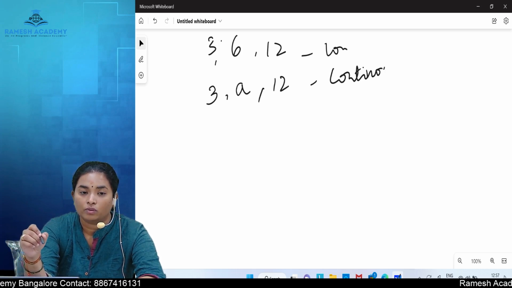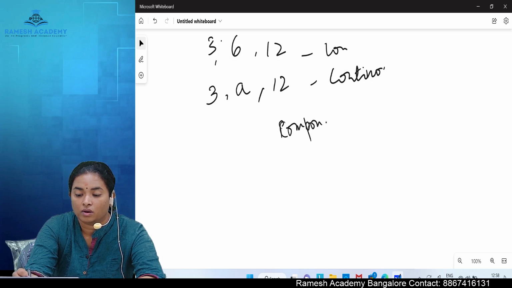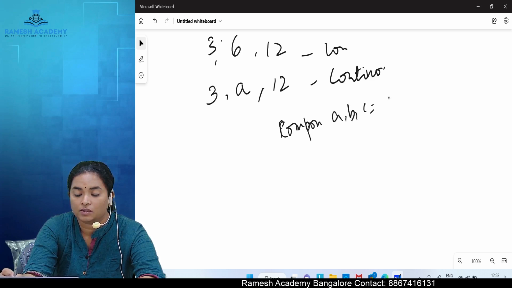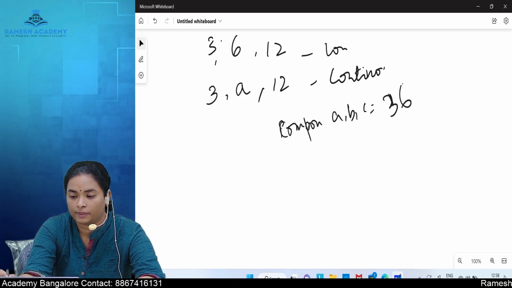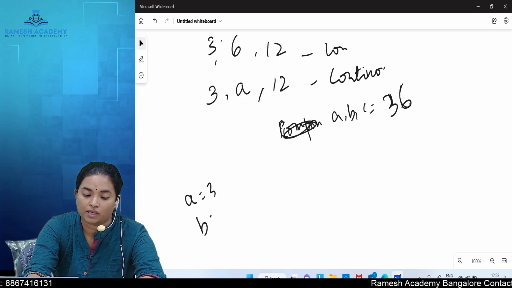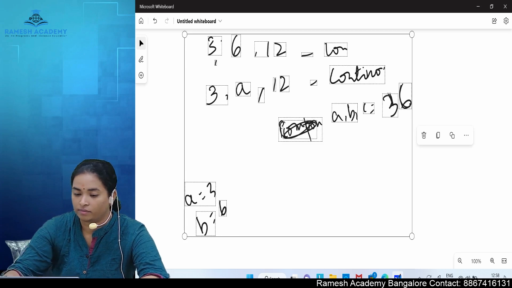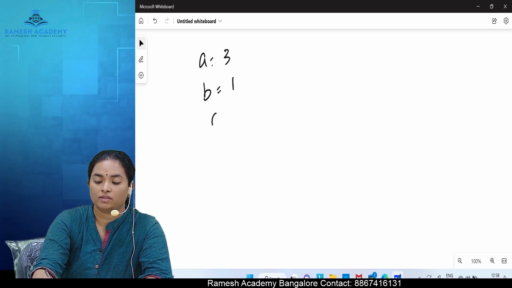Now, the compound of A, B, C is equal to, let's say, 36. Let's say A is equal to 3, B is unknown, C is equal to 12.